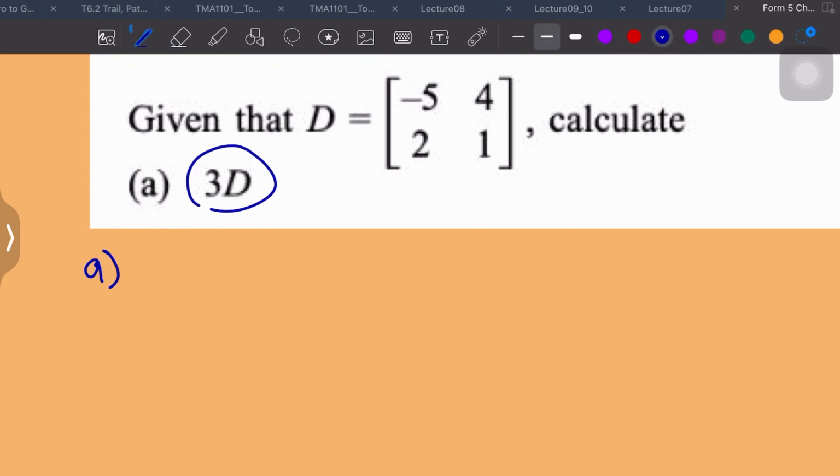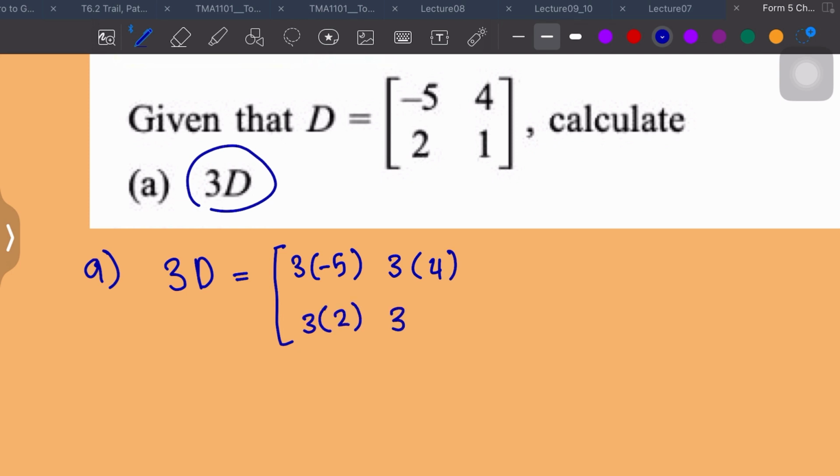So, first thing first, to answer question A, the scalar for question A is 3. 3 is the scalar, and then D is the matrix. So, which means all the digits inside must be multiplied by 3. Negative 5 times 3, 4 times 3, 2 times 3, 1 times 3.